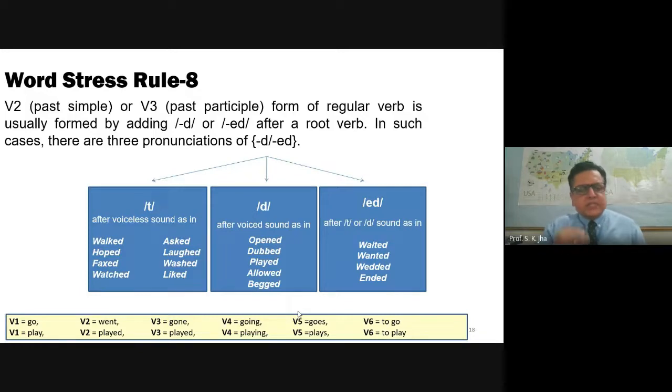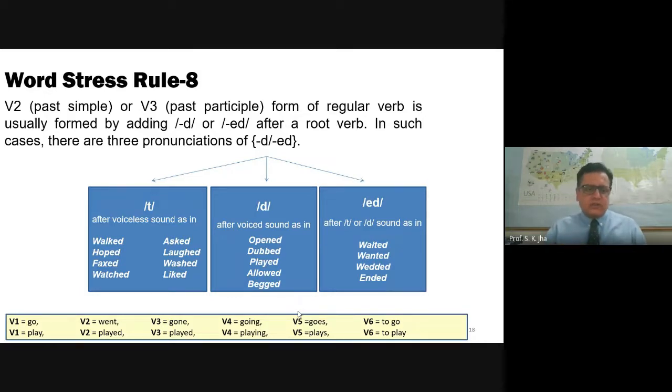D or ED becomes T after a voiceless sound, as in walked. We don't say walk-ed or hop-ed. We say walked. By the way, don't pronounce the ed sound here. It's walked. Why? Because ed is coming after a voiceless sound, and K is a voiceless sound. Similarly, in hope, the P sound is voiceless.